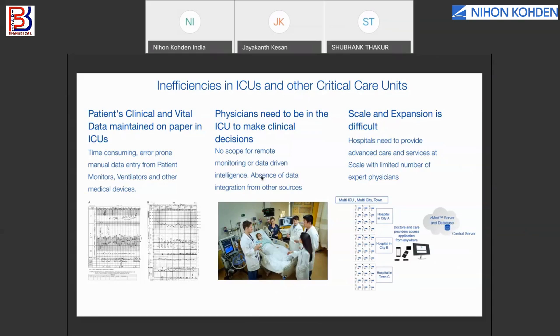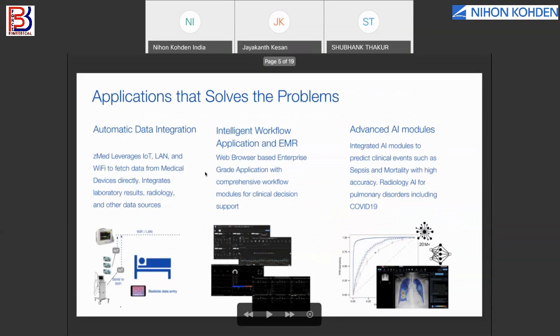The number of expert physicians is limited in any country, not only in India, so hospitals need to leverage technology to provide care at scale. Any platform that tries to solve this problem needs to focus on three different areas. One is a full spectrum of data integration, which is very important for any clinical analysis or clinical decision making.